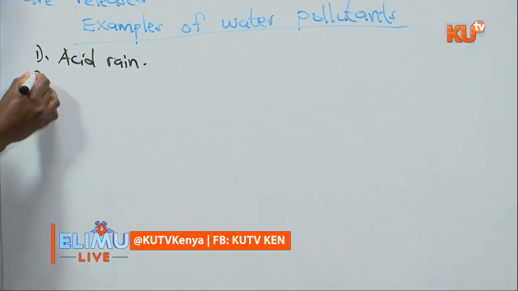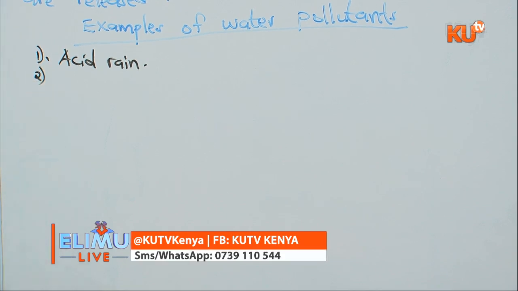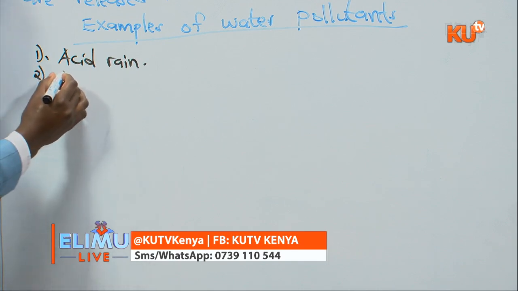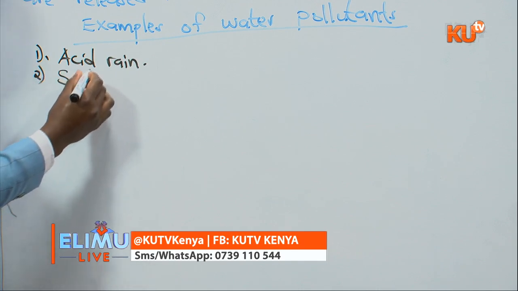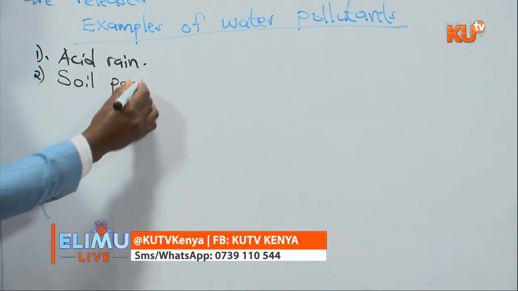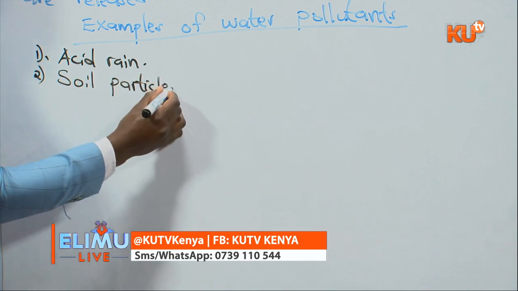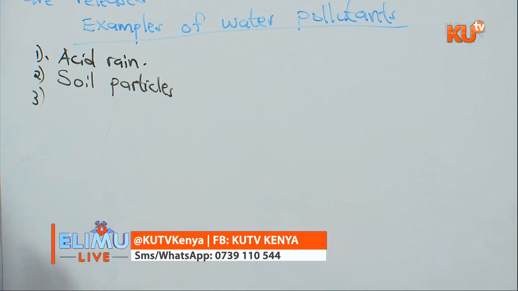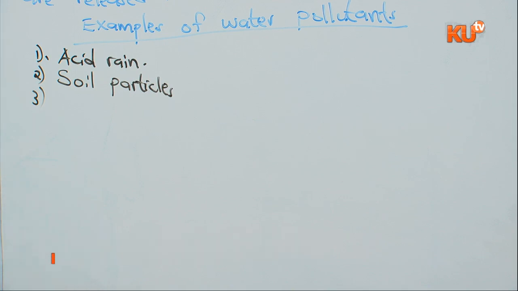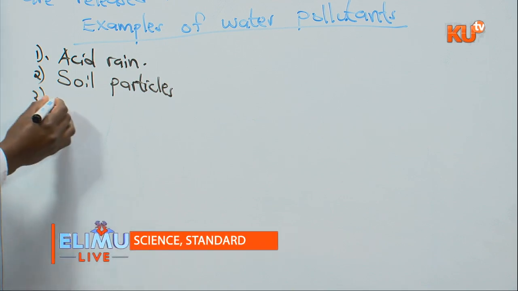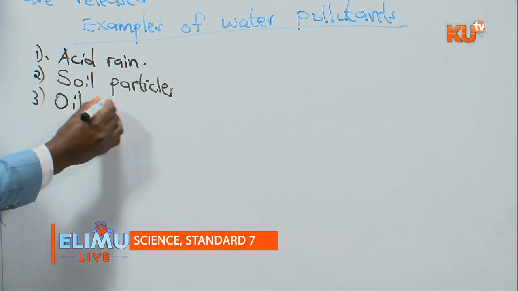Number 2, another water pollutant, those harmful substances that are released in water to contaminate it. We have got the soil particles. Number 3, another example of water pollutants is what we call oil spillage.